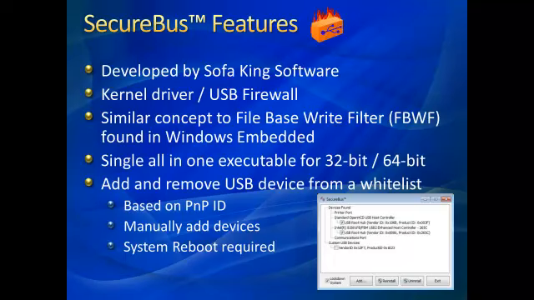If you have a specific vendor brand that you're interested in supporting, you can open up a port for that vendor. SecureBus comes in a single 32-bit or 64-bit executable that includes the management application and the device driver. SecureBus works with Windows XP, Windows XP Embedded, Windows Vista, Windows 7, and Windows Embedded Standard 7.